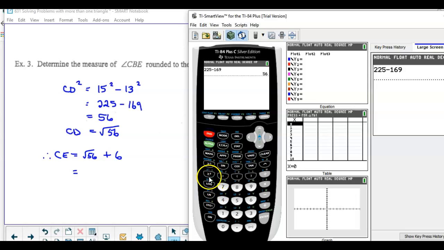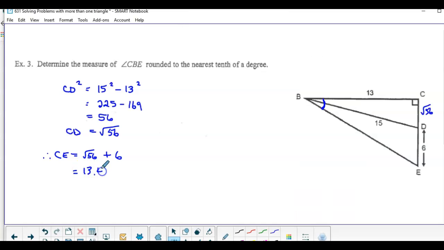Okay, now if you wanted to find the decimal form, maybe you would do that now. So root of 56, cursor out of that, plus 6 is 13.483. Don't clear your calculator unless you really need to, because then you can go back and use some of the values you found. So now angle CBE, which for right now, because it's 3 letters, I'm just going to use theta there, is going to be, I know now this whole side CE, which is opposite, and I know the 13, which is adjacent.